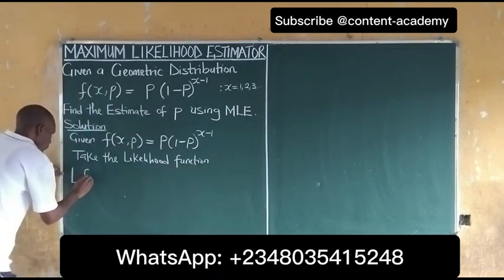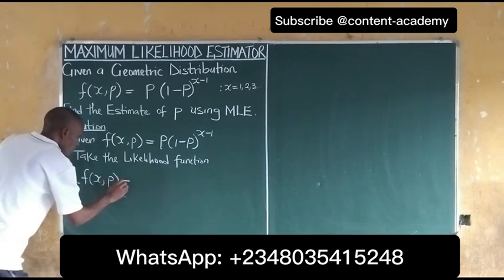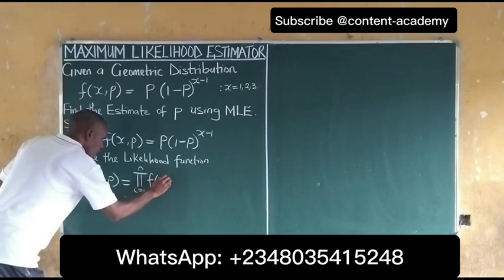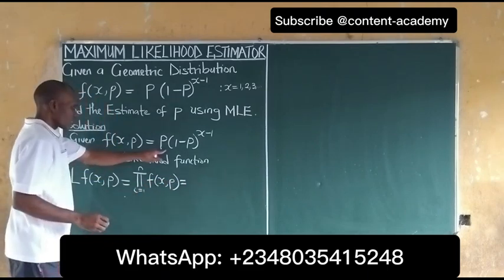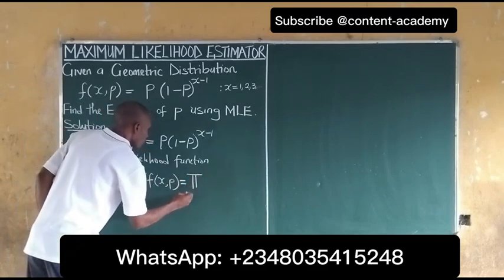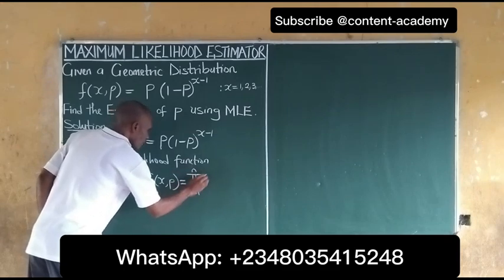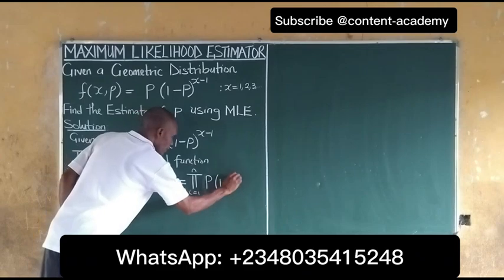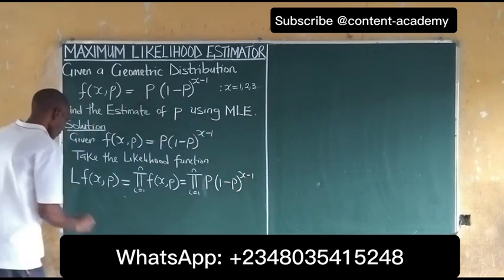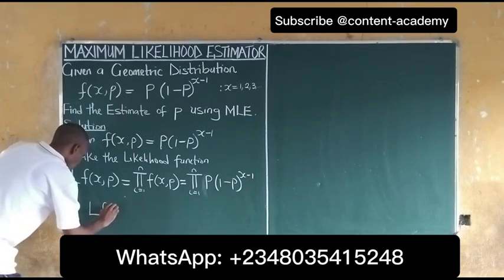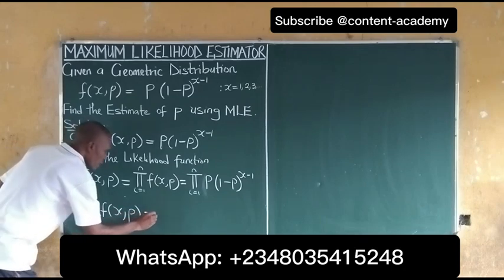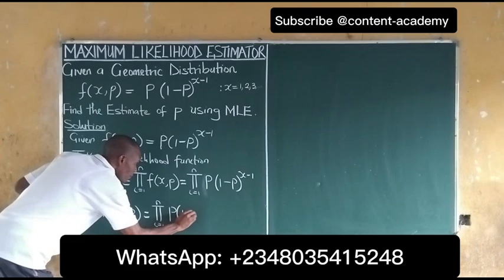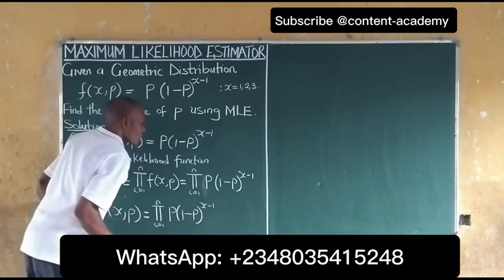The likelihood function of the given distribution is equal to the product, as i runs from 1 to n, of that distribution, which is p times (1 minus p) raised to the power of x minus 1.